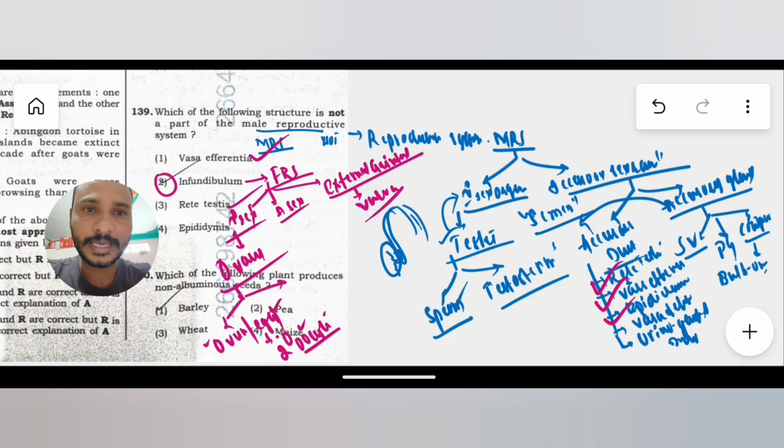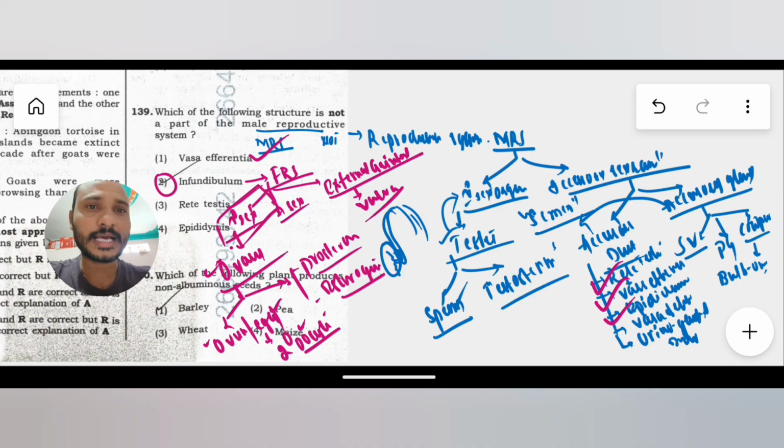Along with the egg, this ovary also produces two important hormones, progesterone and estrogen. So hormones and gametes are produced from this ovary, and it is the primary and most important organ of the female reproductive system. Hence, it is said to be a primary sex organ.